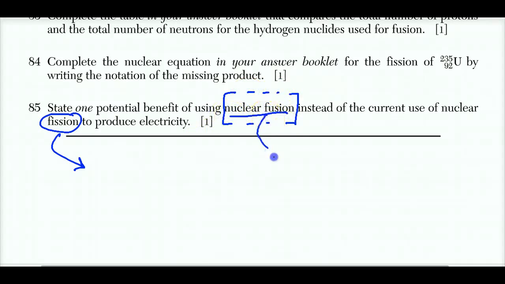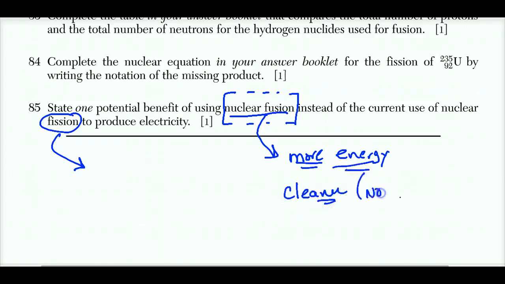Well, gosh darn it, there's more energy released because there's more missing mass and mass defect, but there's more energy. Okay, also it's cleaner in the sense that there's no radioactive waste. Okay, I'll put that on the sheet for you.